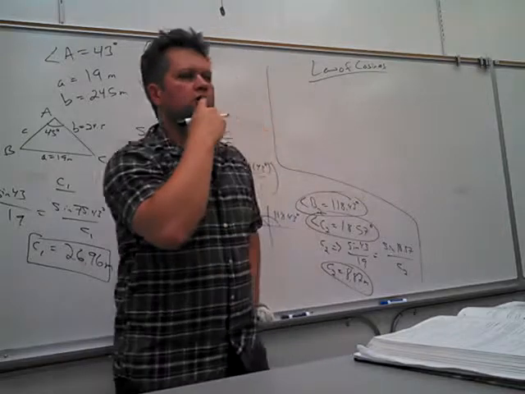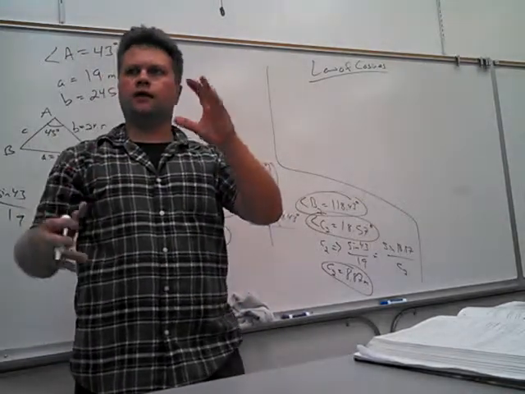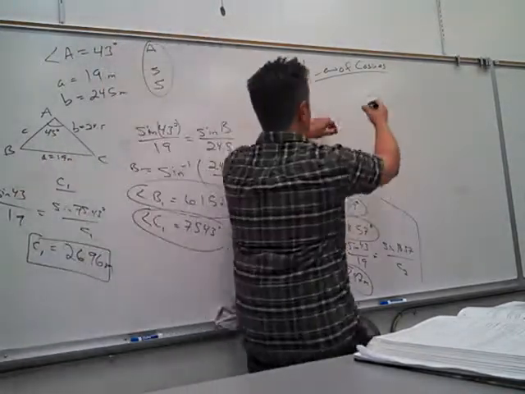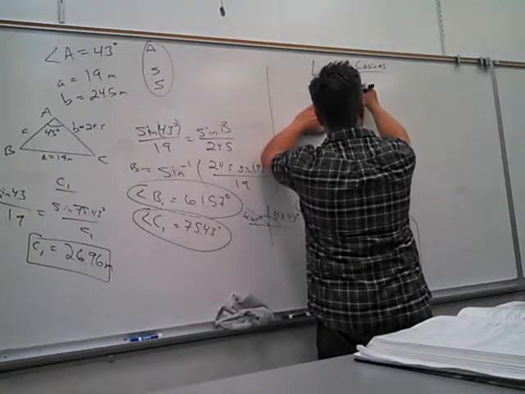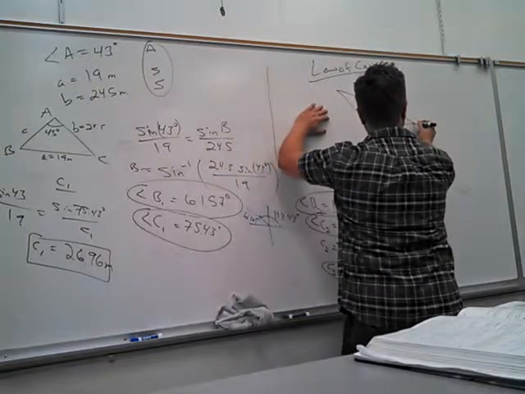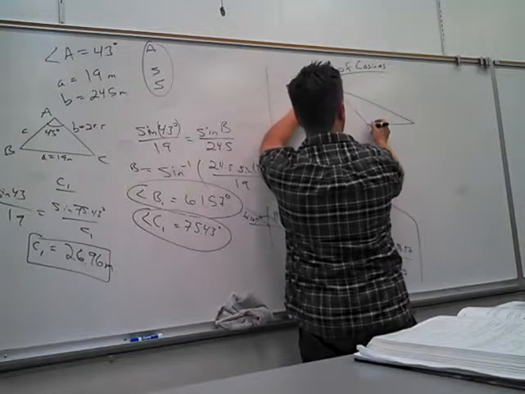To figure out the law of cosines, I want to take a triangle. It's not a right triangle. In fact, let's make it even worse. Let's make it a triangle that kind of goes back on itself a little bit. Basically going to do what the book does here.